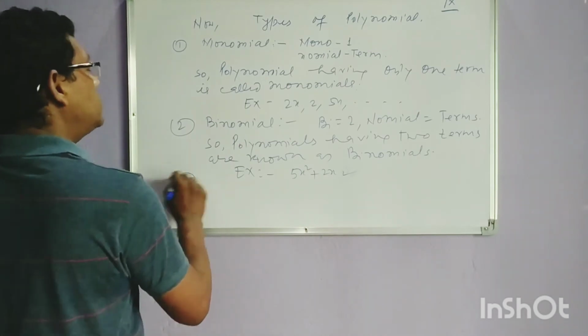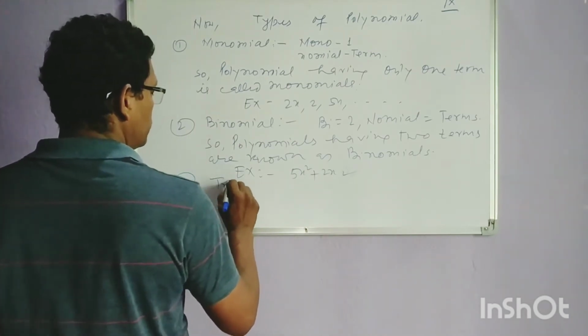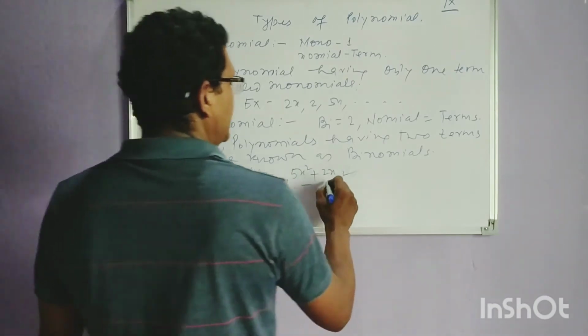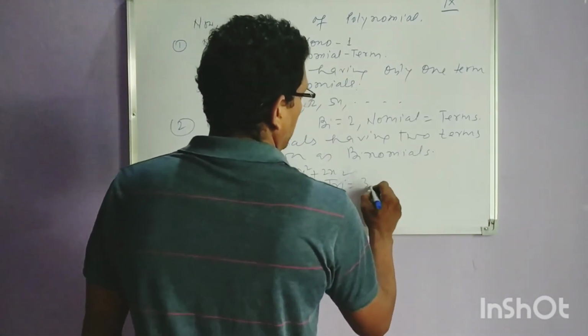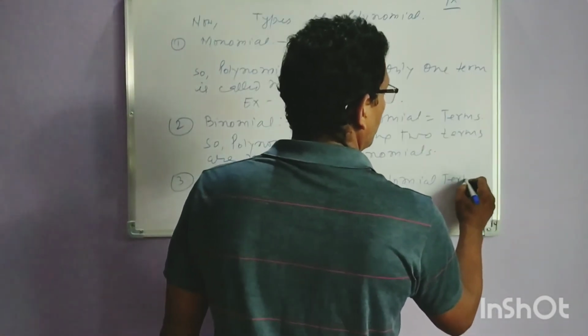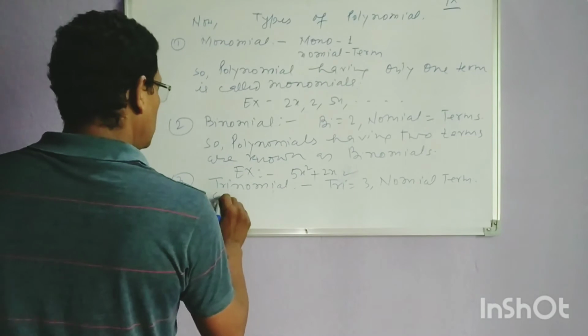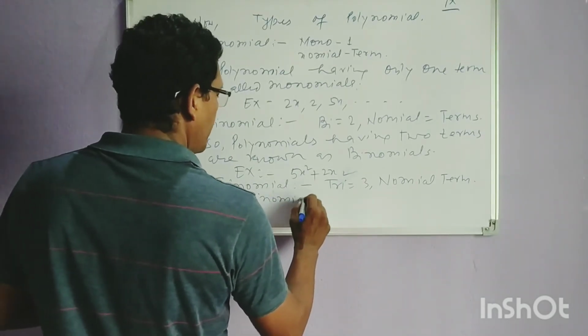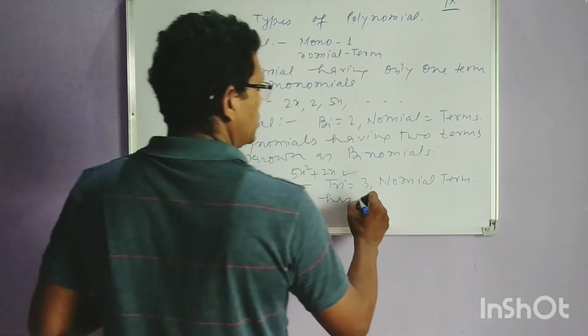Now third one, trinomial. Tri means 3 and nomial means term. So trinomial has 3 terms.